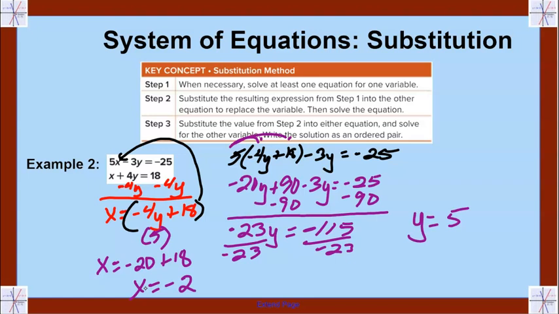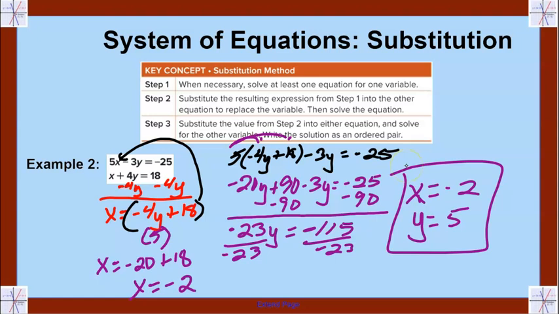So my solution would be y is 5 and x is -2. So that is how you can use the substitution method to solve a system of equations.